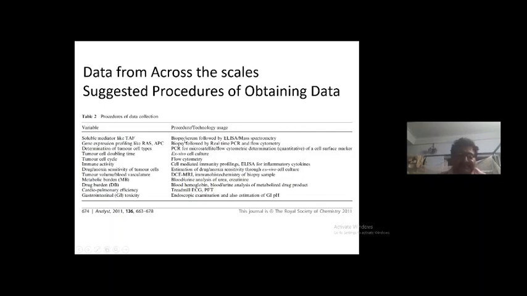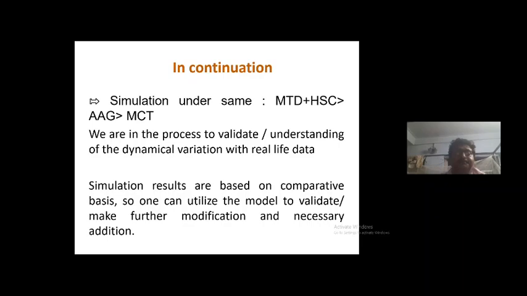Determination of the cell doubling time by ex vivo cell culture. Tumor cell cycle can be done by flow cytometry. Immune activity can be cell immune activity or ELISA for inflammatory cytokines. The tumor volume or blood vasculature can be measured by CT, MRI, or immunohistochemistry of biopsy samples. So in this way the data can be fit to the model.